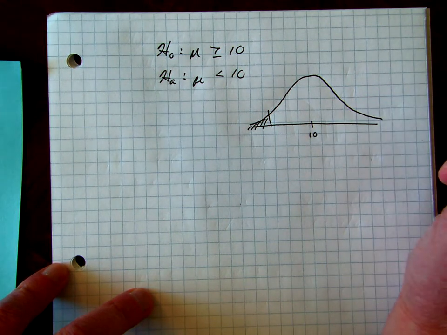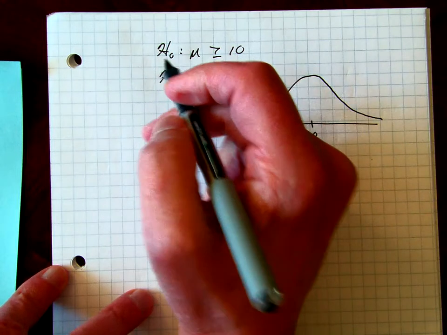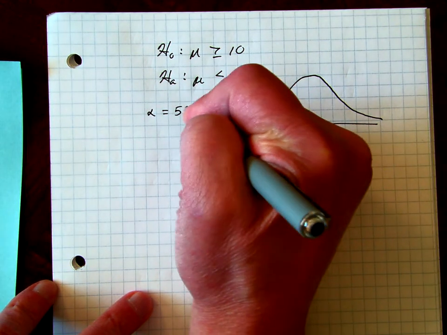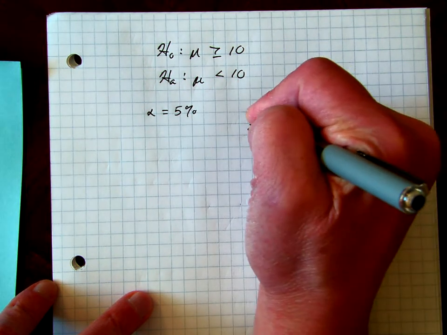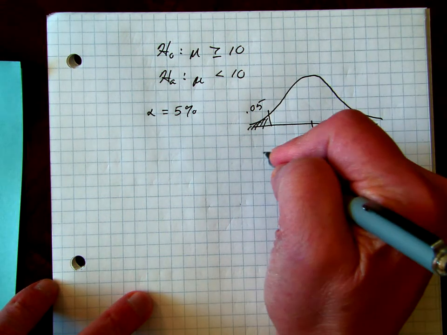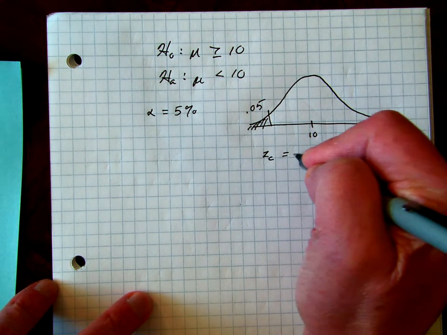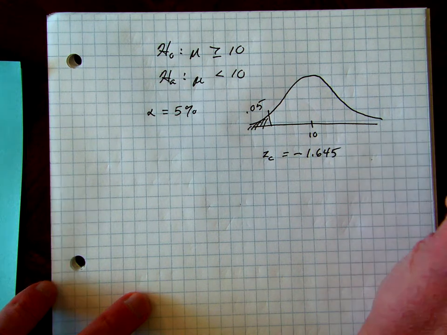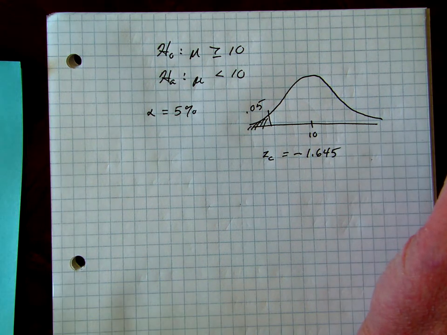Okay? And let's talk about the level of significance we're going to have here. Let's say it's 5%. So this is 0.05. If we were looking at the critical value for this, it would be minus 1.645. Okay? So what's going to happen in this instance? Well, let's look at the data that we collect.